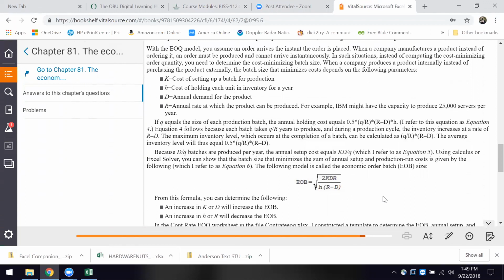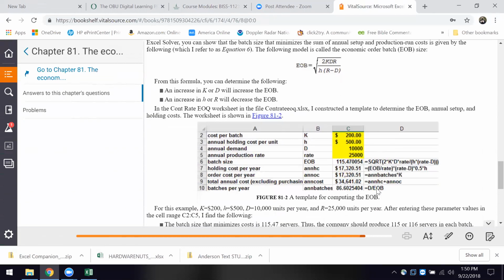But EOB is the square root of 2 times K, the cost of setting up a batch for production, times D, which is the annual demand for the product, and R is the annual rate at which the product can be produced. Okay, because we have to know how much we can make, our rate. And that's divided by H, which is the cost of each unit in inventory for a year, times R minus D, the annual demand for the product. So it's a little bit of a different critter, right?